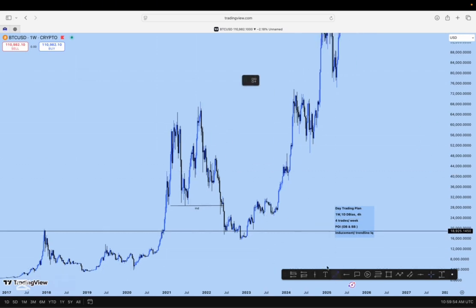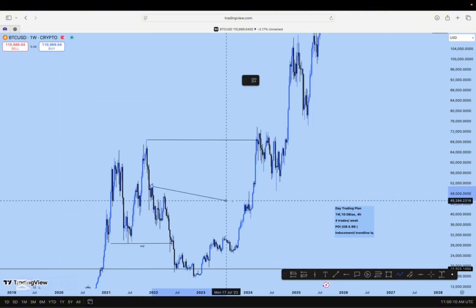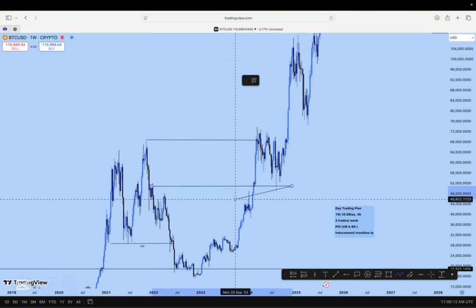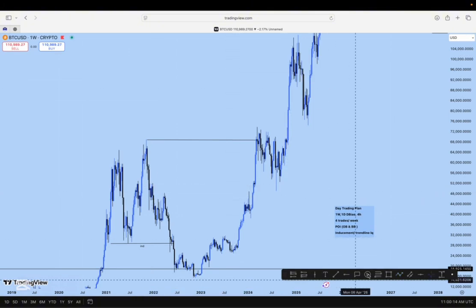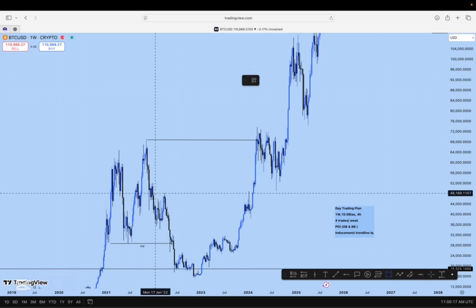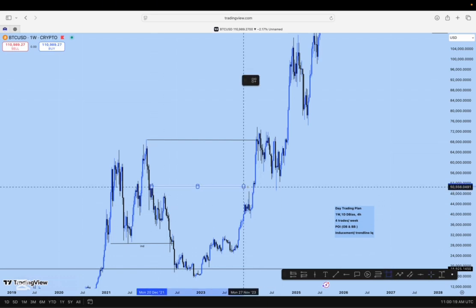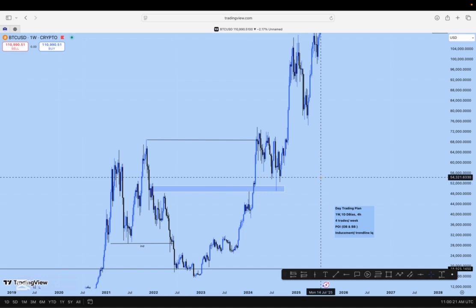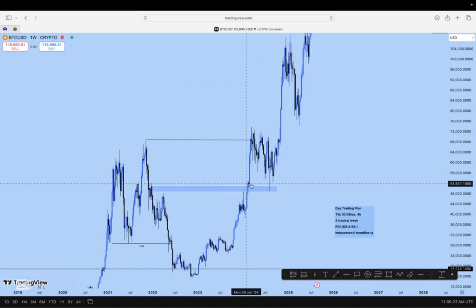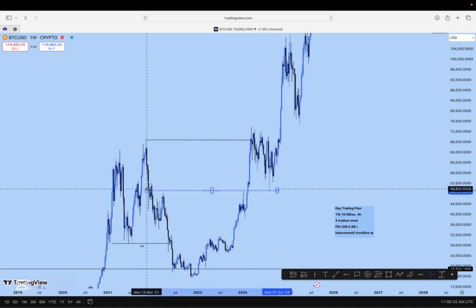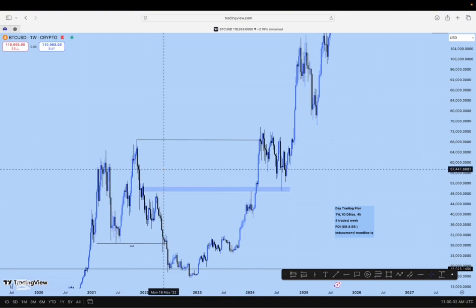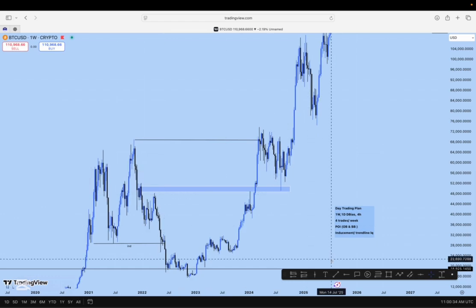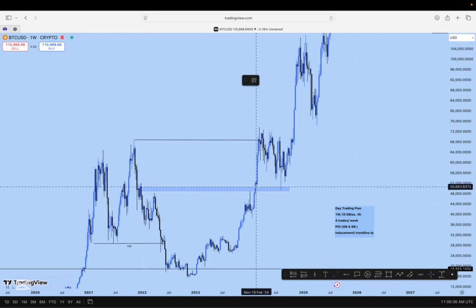And also after breaking this high, price respected this breaker. It made use of this breaker block. Here's this breaker block, making this guy as the inducement.